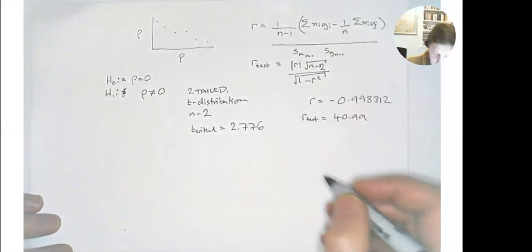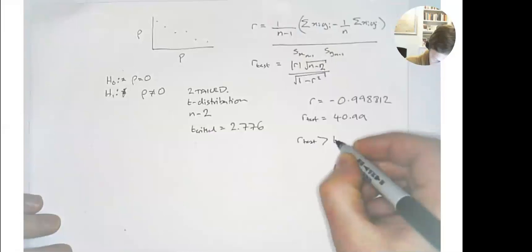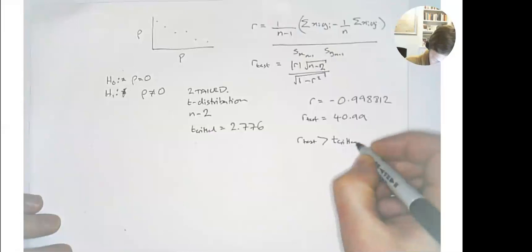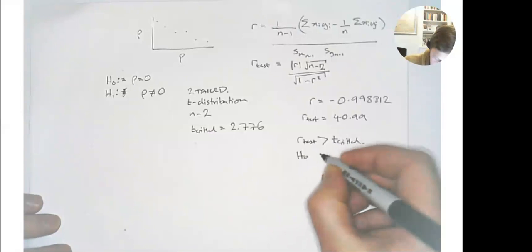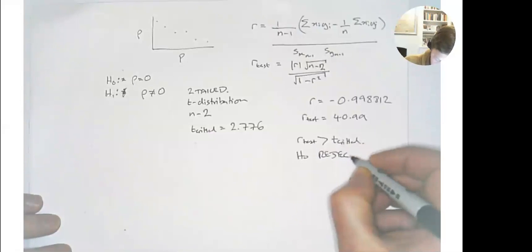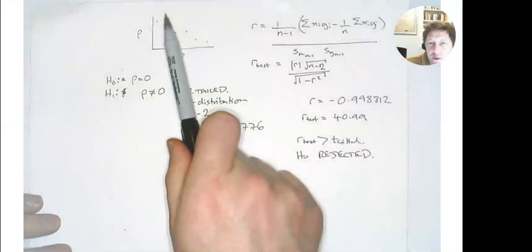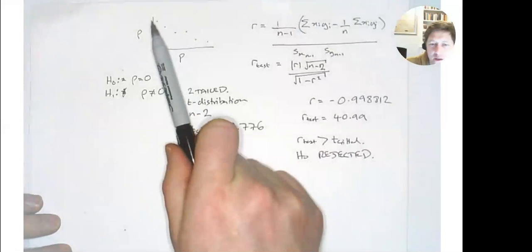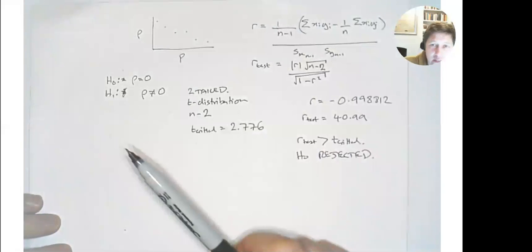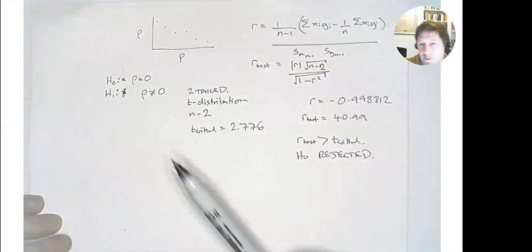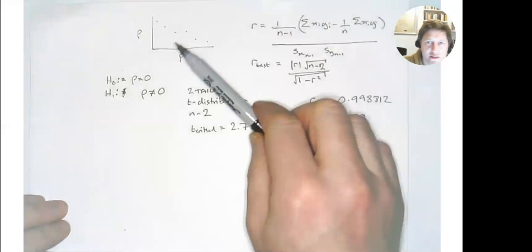And so obviously our test is greater than our critical value, and so H0 is rejected. Here we've shown that for this data set there is a statistically significant correlation between them. So that's good. That's illustrating how we can use another of our tests to look at some data.